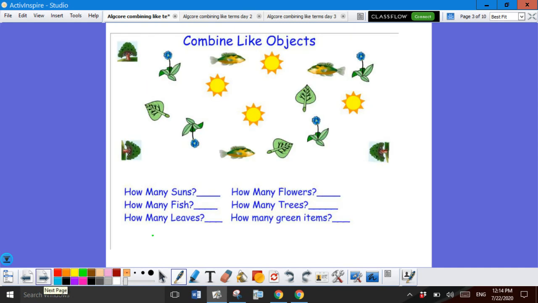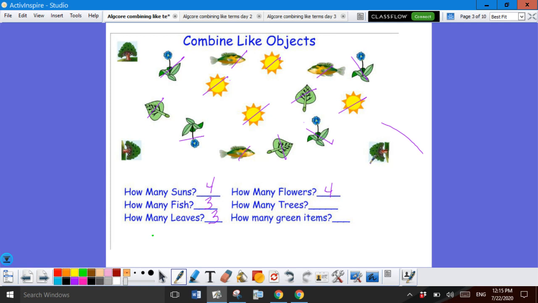Okay, like terms. So let's start with some pretty simple, getting our heads wrapped around what are like objects. So how many suns do you see? Well, 1, 2, 3, 4. How many fish do you see? 1, 2, 3. How many leaves? 1, 2, and 3. How about flowers? 1, 2, 3, 4.